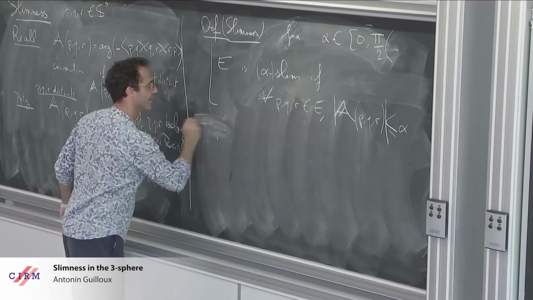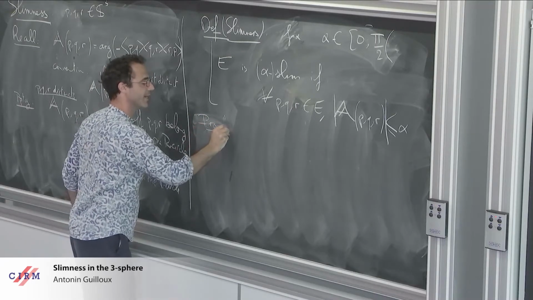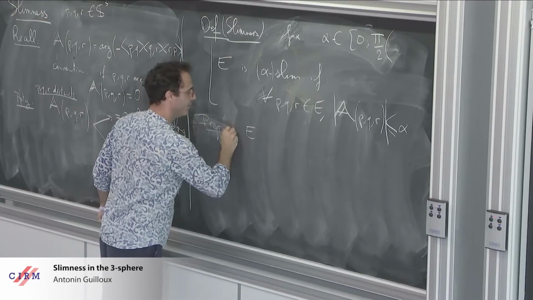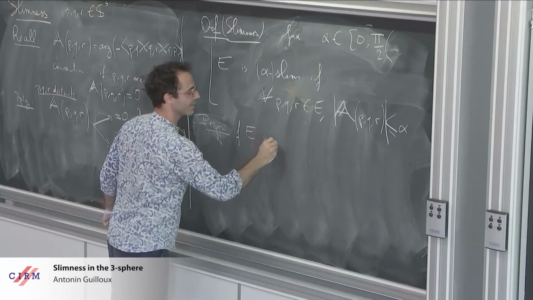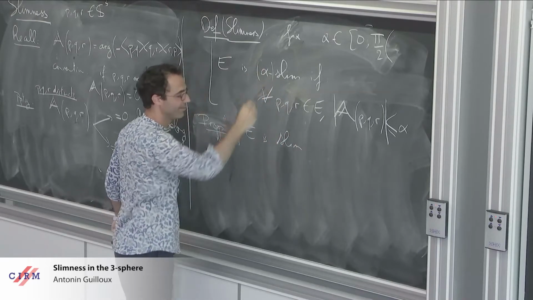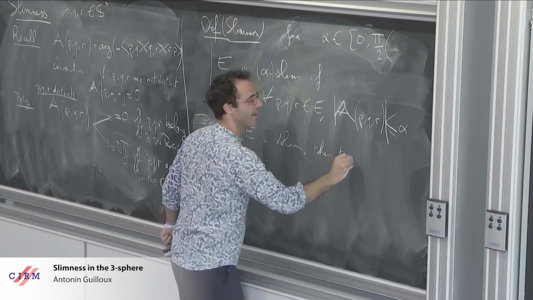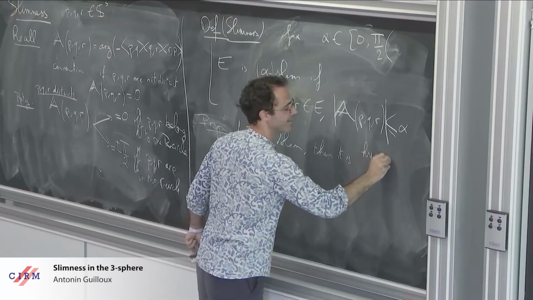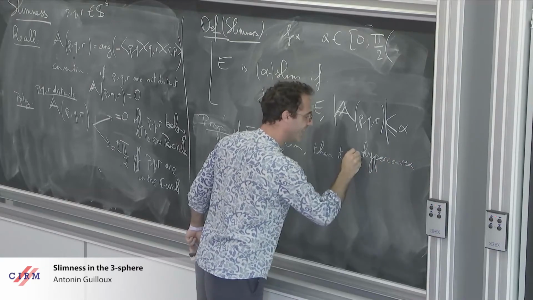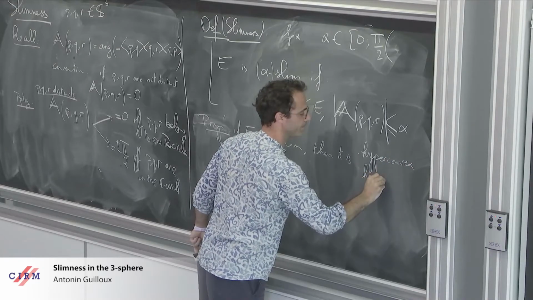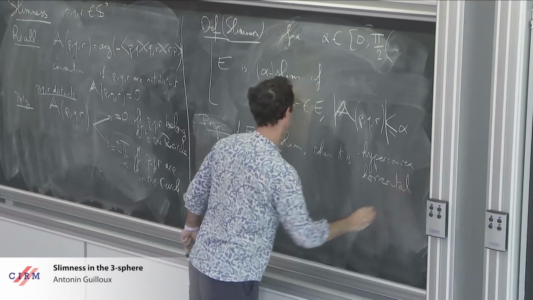Well, maybe I won't prove that. If E is slim for some value of alpha, then it is hyperconvex. This is clear. And horizontal.